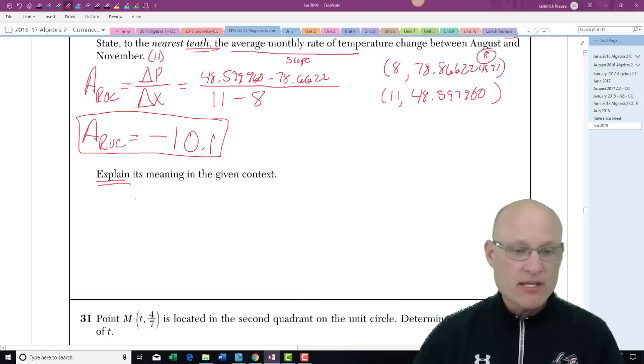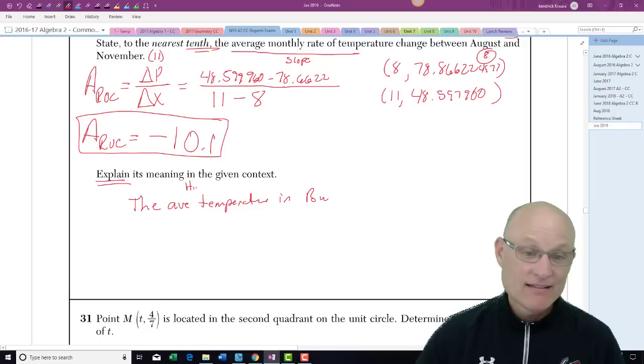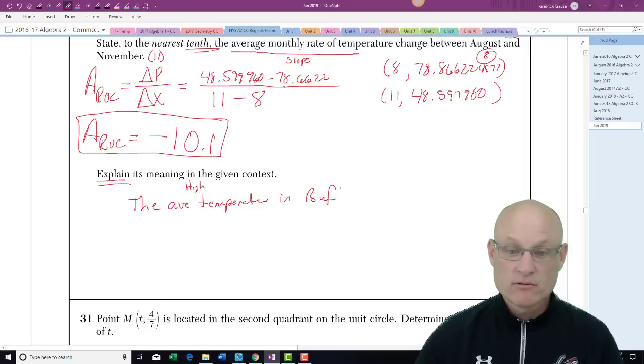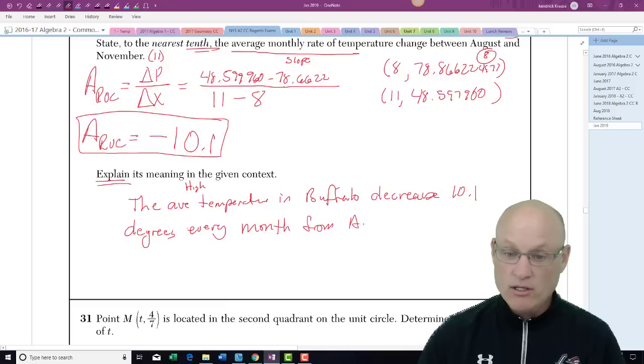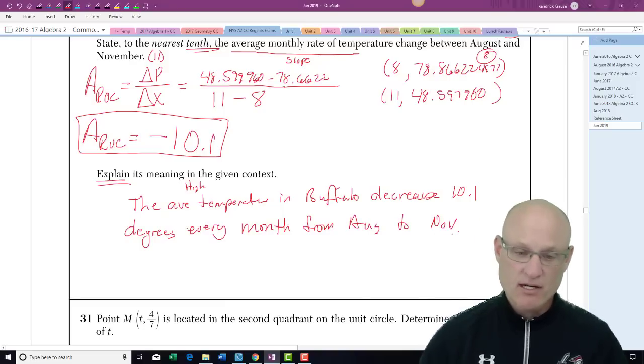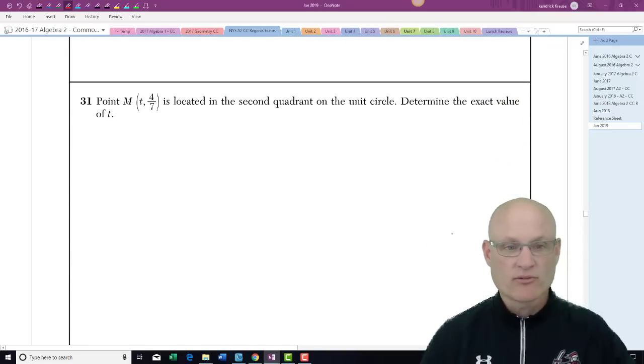All this means is the average high temperature in Buffalo decreases 10.1 degrees every month from August to November. That's it. Done with. All right, kiddos, let's do one more, and then I will pause it for a second.